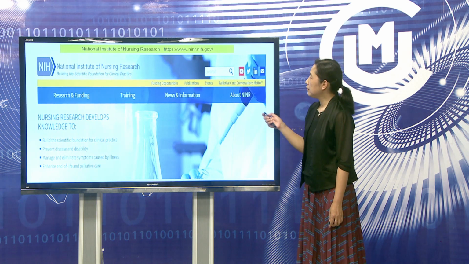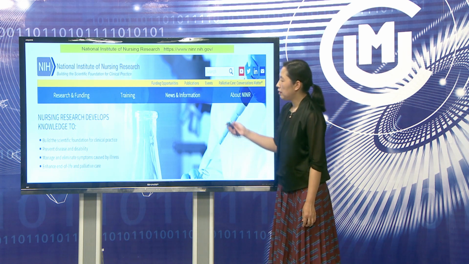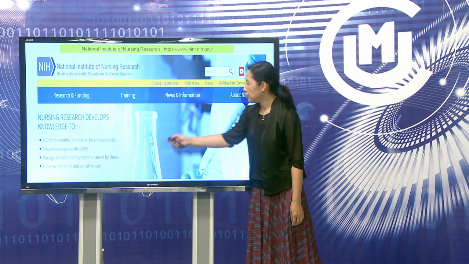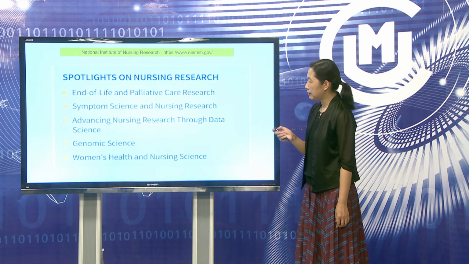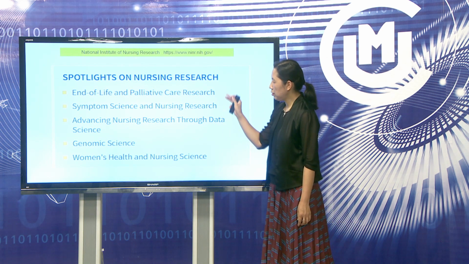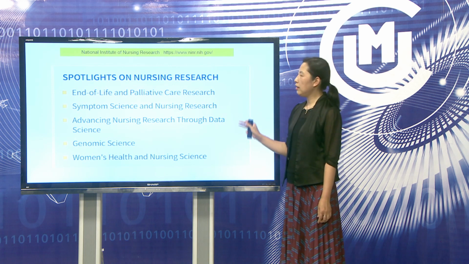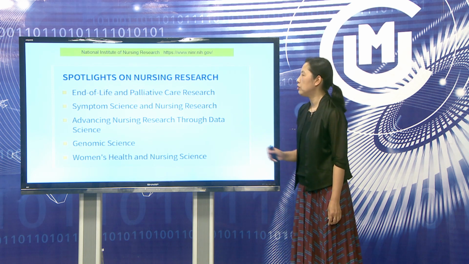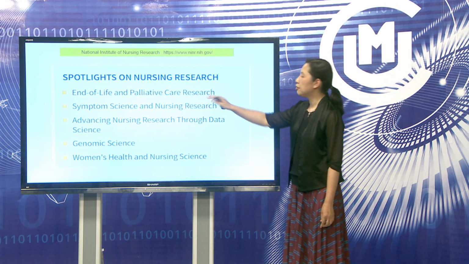From the NINR website, you will see they state that nursing research develops knowledge to do something, and they highlight spotlights on nursing research. So these are several directions you may think about working on. It's really a hot spot for nursing research. The first one is end-of-life and palliative care research.